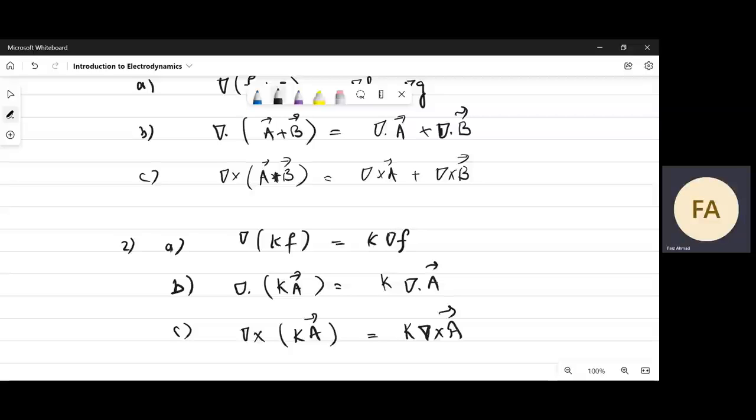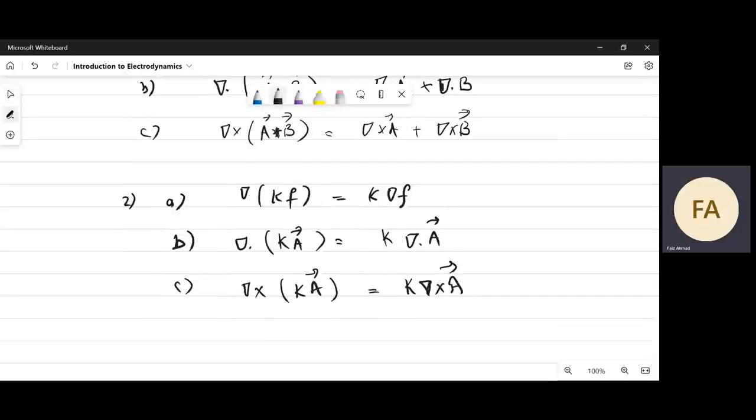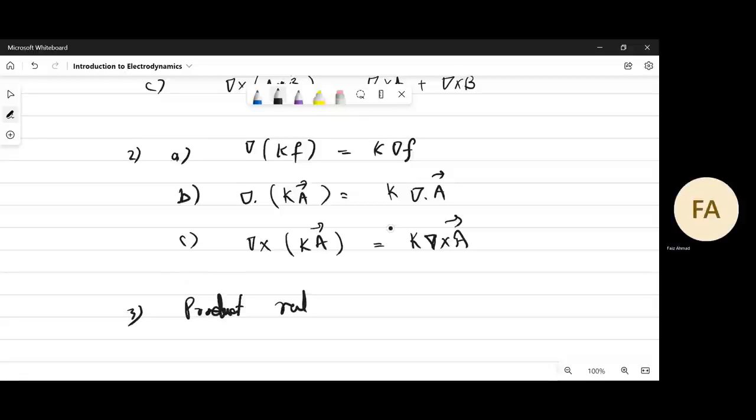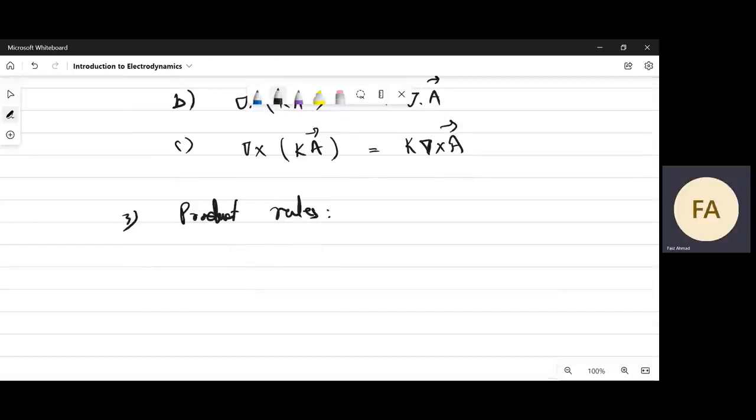And similarly, we can work out the product rules. Here we have four different types of products.